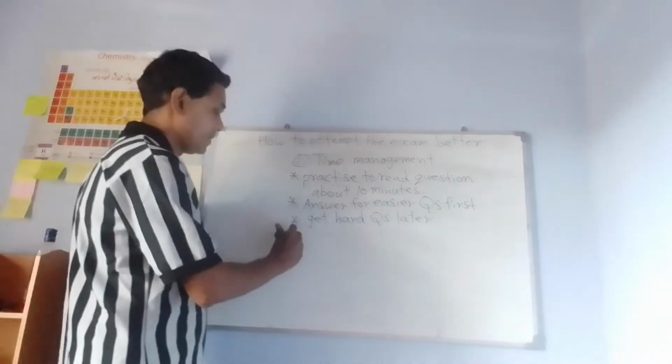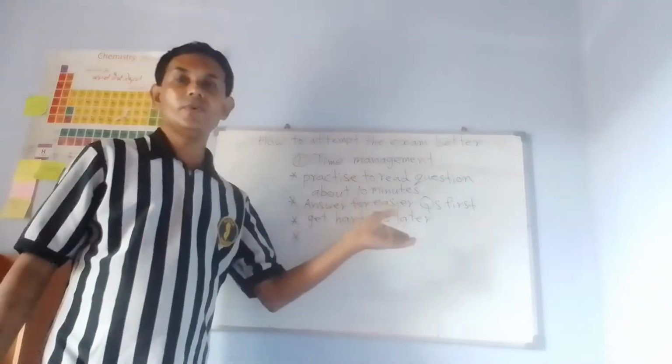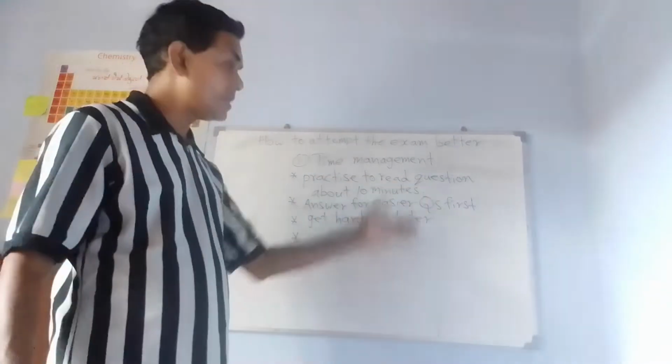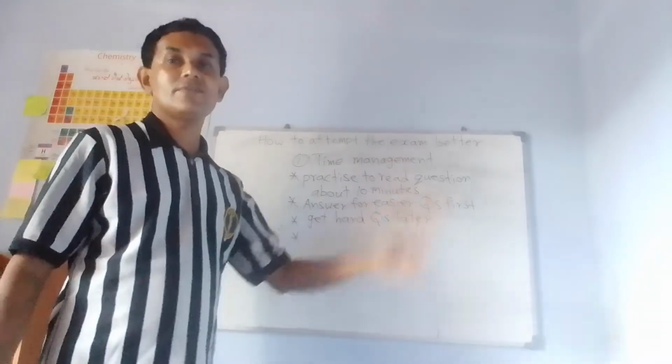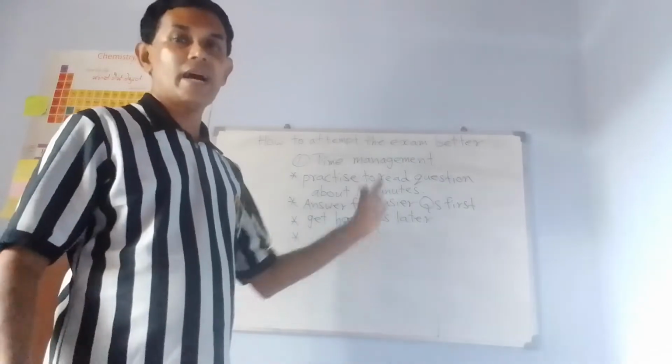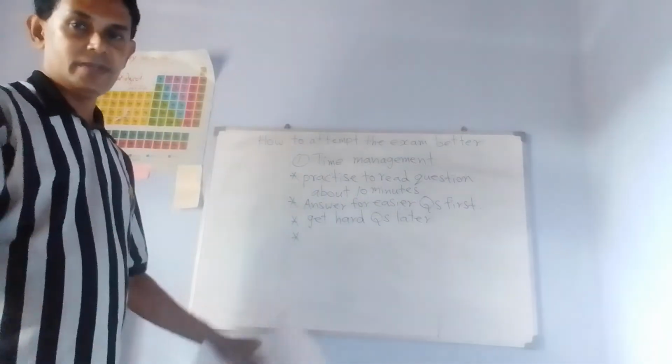Next, the last one is that we ask them to answer all the questions, as the paper itself says to answer all the questions given. It is very important: don't leave out any question.